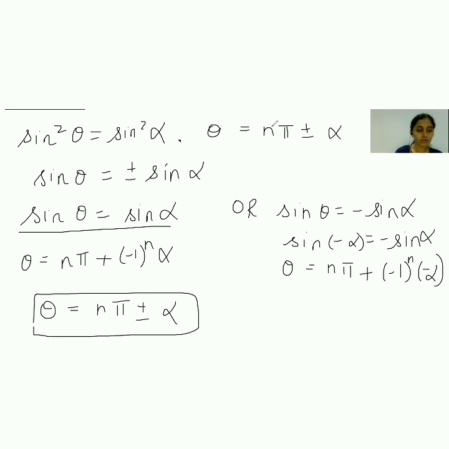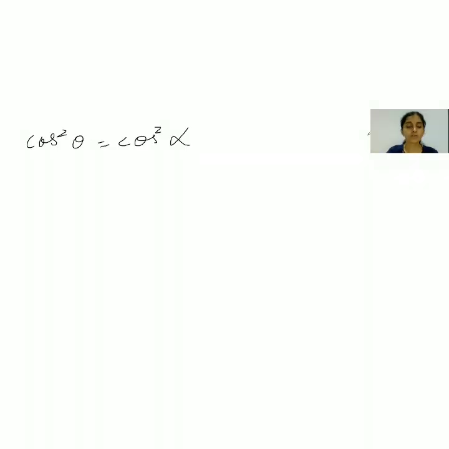Okay, then we go to the next one, that is cos square theta. So the generalized solution for cos square theta equal to cos square alpha. How do we write it? There's another method to find this, if you know the formula for cos 2 theta. So what is cos 2 theta?